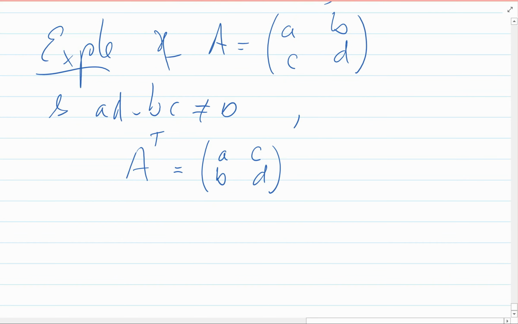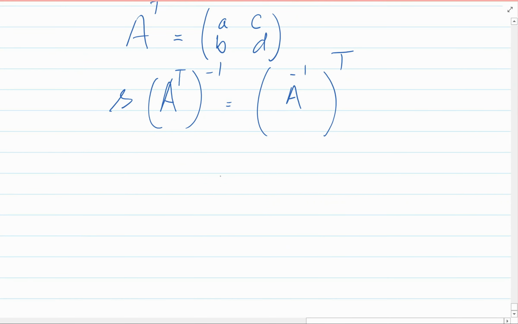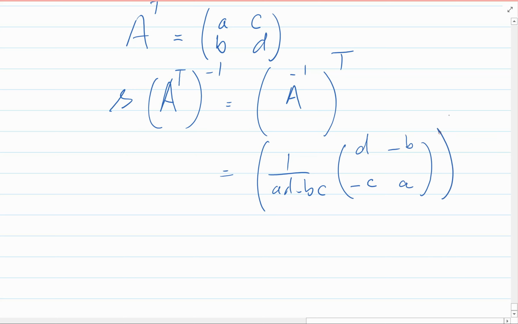So that number is the same. And A transpose inverse is going to be the transpose of A inverse. We can use the formula, but we can also say this is 1 over AD minus BC times [D, minus B; minus C, A], transposed. That's the formula we found, transposed.